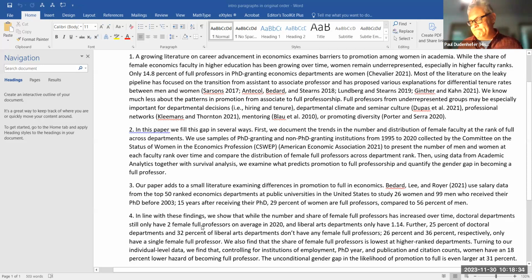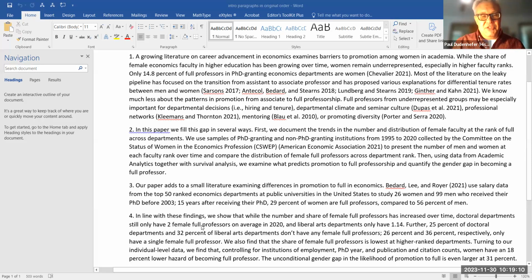I'll be monitoring that. The second thing I want you to notice about this introduction, the authors have done a really good job of breaking their paragraphs. So notice how at the beginning of paragraph 2 and the beginning of paragraph 4, they begin by referring back to what the previous paragraph just finished saying.